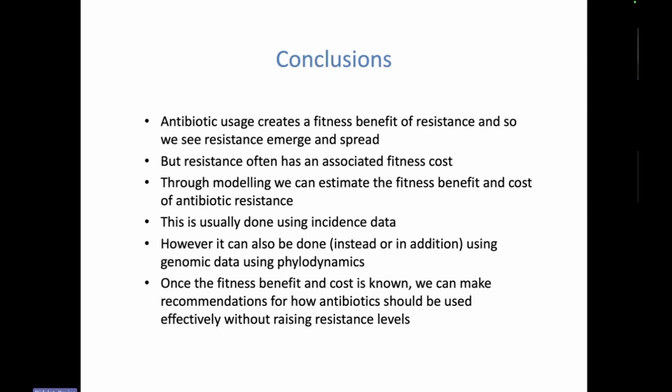It's usually done using incidence data, and that has been done for many years, going back to the Austin et al. study I showed you from 1999. But in our most recent paper, we showed how you can also do that using genomic data through the use of phylogenomics, and you could be doing that in addition to incidence data or instead of incidence data when the incidence data is not available.